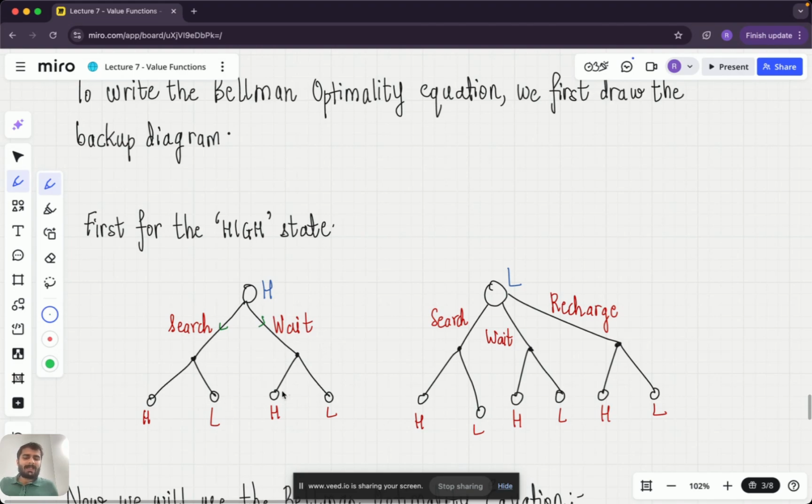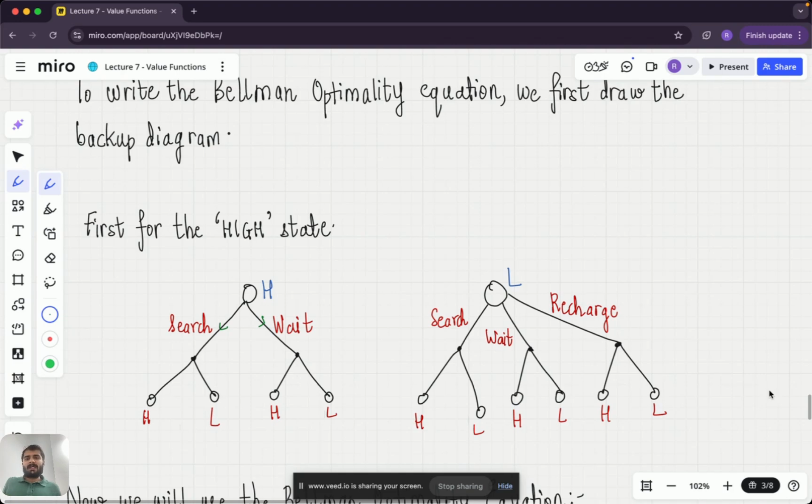Similarly, for wait, the next state can be high or low. But if the state is low, we have three options. The robot can either search, wait, or recharge. And for all of these three actions, the next state can be high or low. So overall, we have four cases over here and six cases over here.